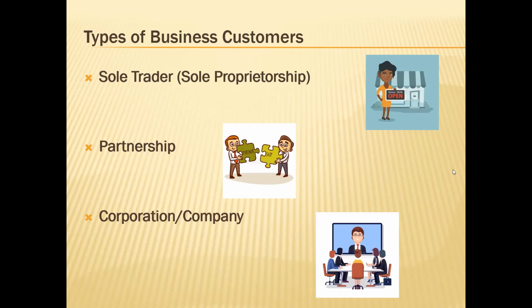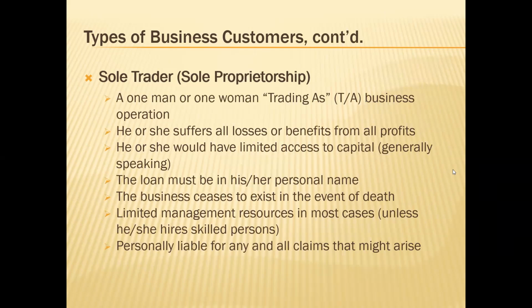So the first one is the sole trader or sole proprietorship. This is a one man or one woman operation, and they normally will trade as a business operation. So on your bank accounts, you may see, for example, Glenn Nottage trading as Shoe Wonder.